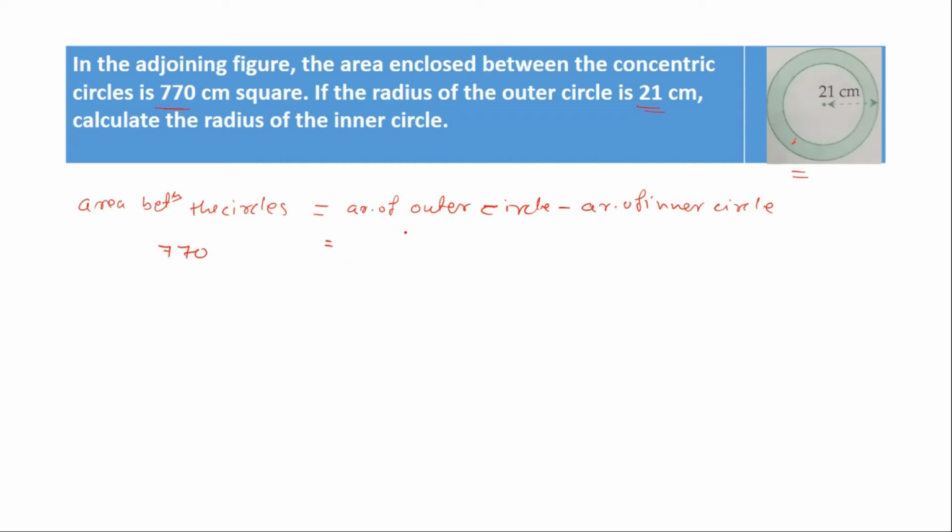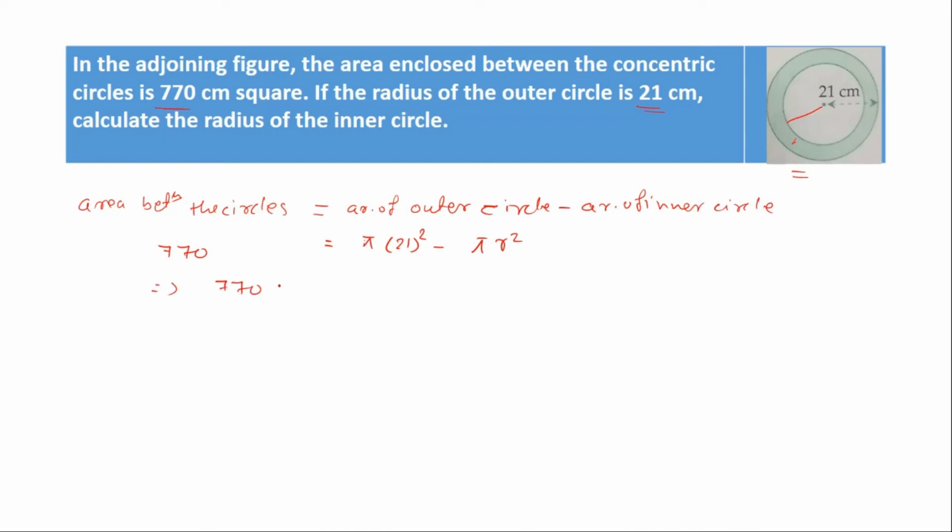The area of outer circle is pi into 21 square minus pi r square. The value of this radius we have to find.